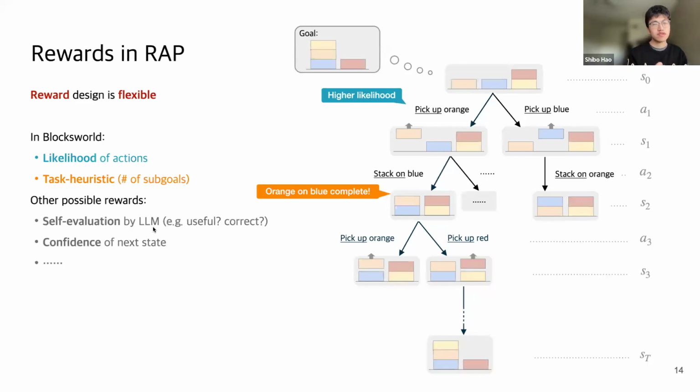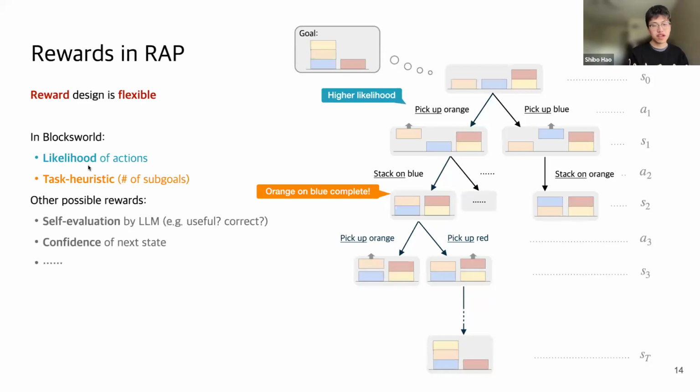This may sound similar to the likelihood of actions, which is also generated by the large language model, but this is actually a different mindset to evaluate an action, where you have the action in the context and do a post hoc evaluation of it.